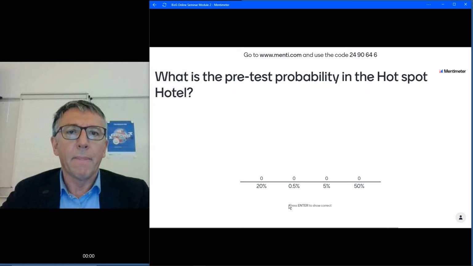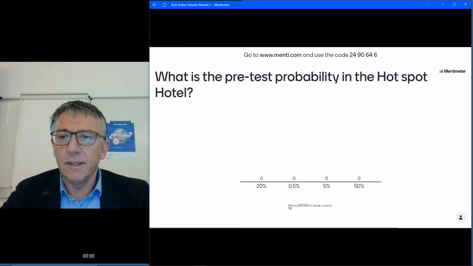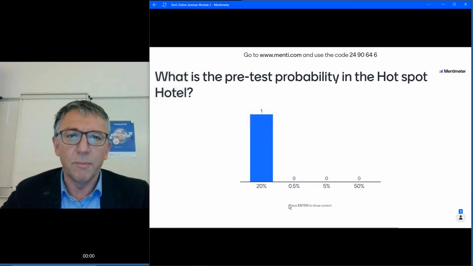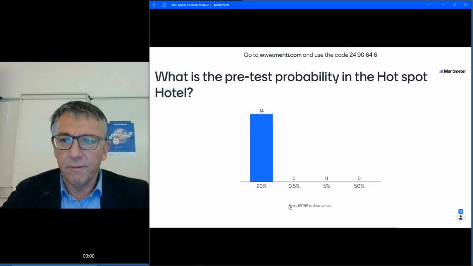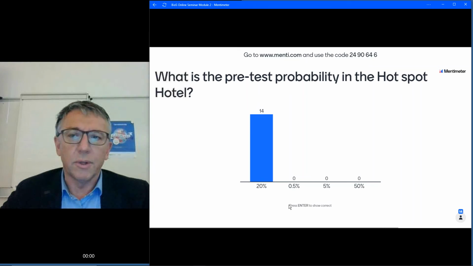So, what is the pretest probability in the hotspot hotel? It should be the easiest of all the questions because that information was provided. What is the pretest probability? And I see that people are printing in the correct numbers, because the pretest probability in the hotspot hotel actually is exactly the prevalence in that hotspot group, which is 20%.